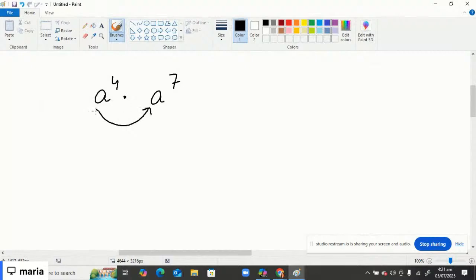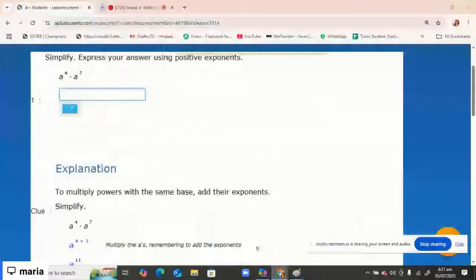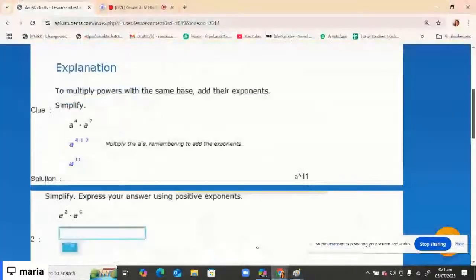Both bases are same. If both the bases are same and the powers are different, how to multiply? This should be multiplied by just adding their powers.